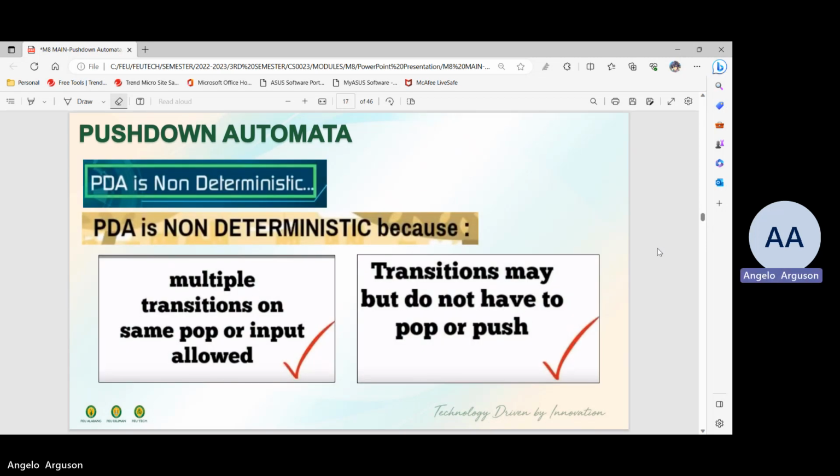Next, moving on, pushdown automata is non-deterministic. It is non-deterministic because it has multiple transitions on the same pop or input allowed, and because transitions may, but do not have to, push or pop.